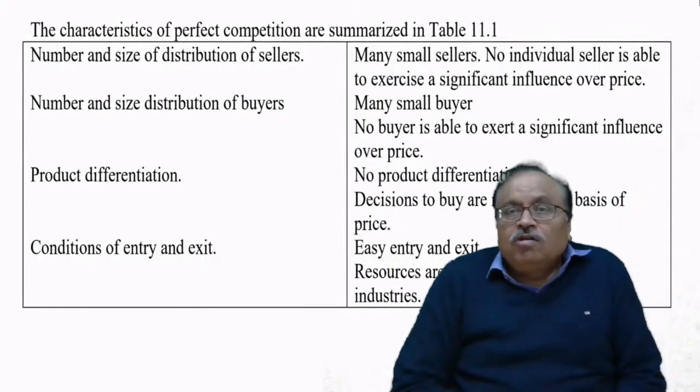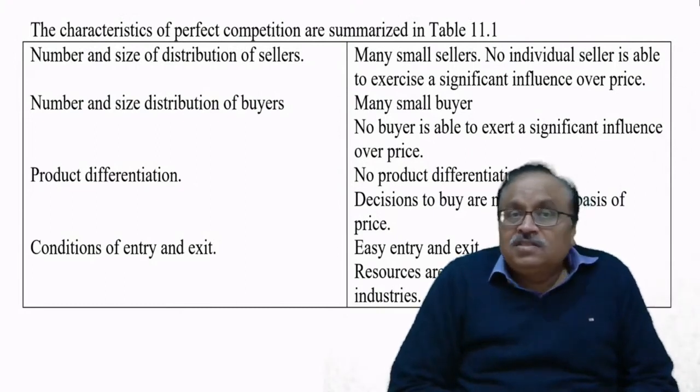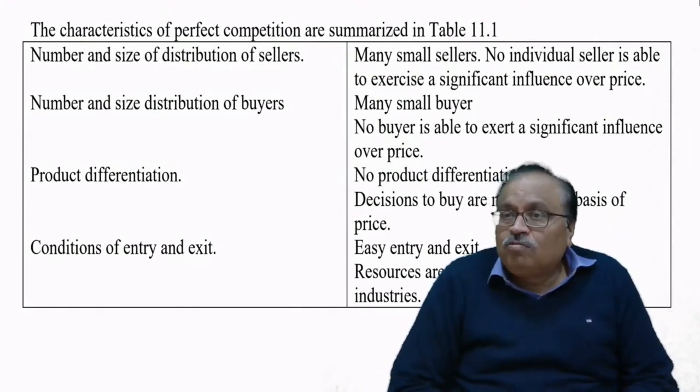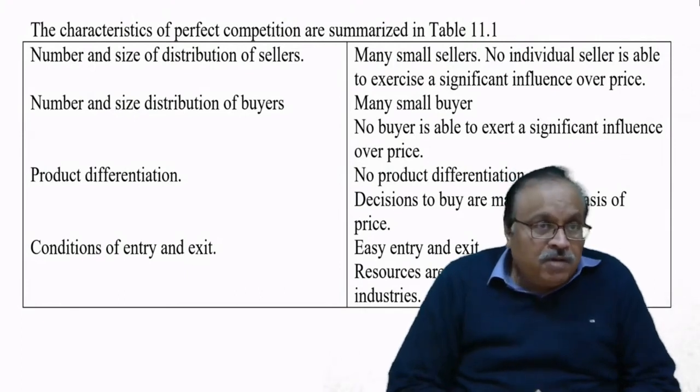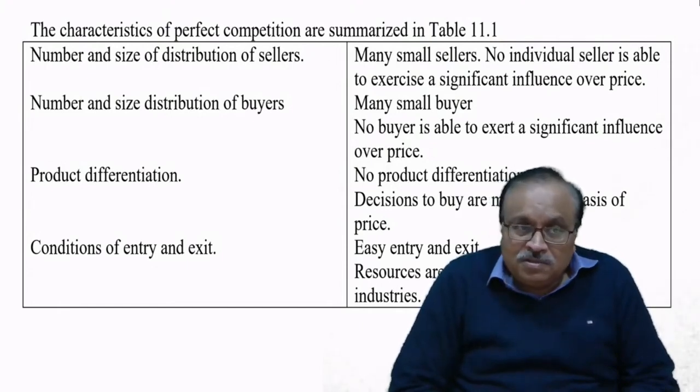The characteristics of perfect competition: number and size distribution of sellers, many small sellers. No individual seller is able to exercise a significant influence over price. Number and size distribution of buyers, many small buyers. No buyer is able to exert a significant influence over price.